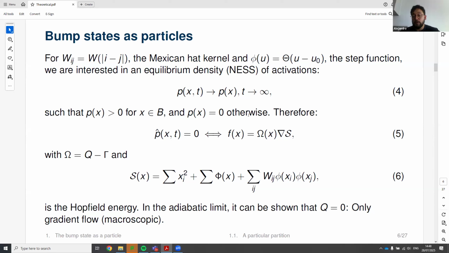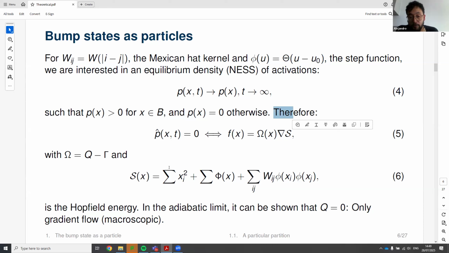So we see the existence of the bump as some sort of equilibrium density of the probability of the activations. And this density is time independent, characterized by the fact that the probability of being active should be greater than 0 when the neurons belong to some bounded region in the domain, or in the neural field, if you wish. And then the probability of activation should be 0 outside this region.